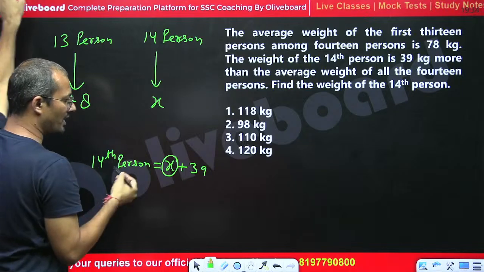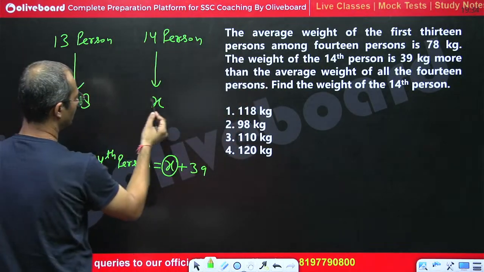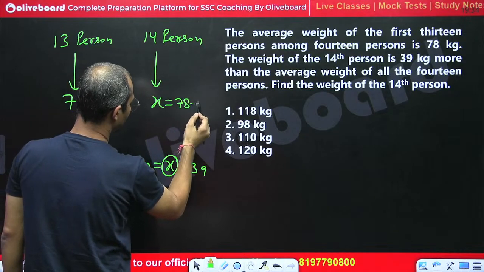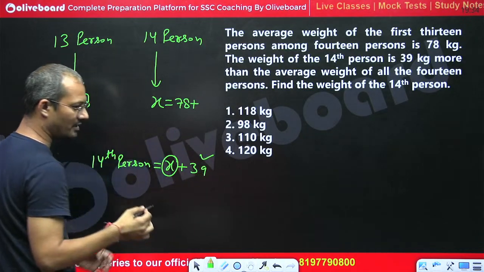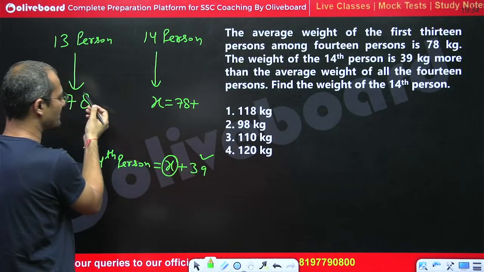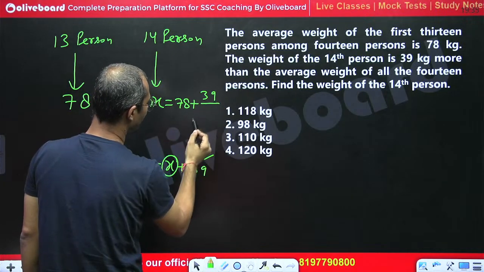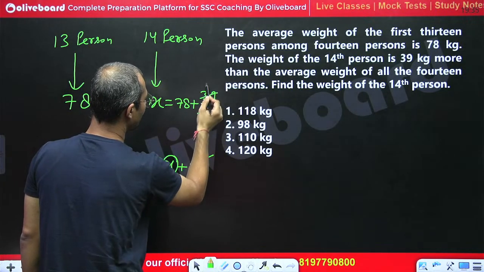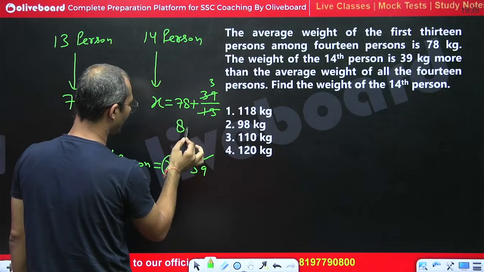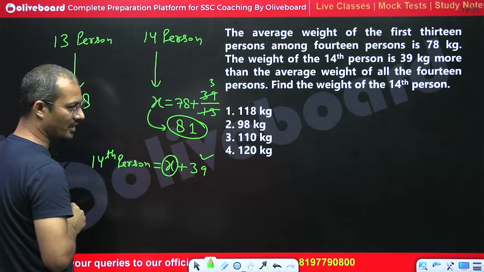So we have to calculate the value of x. x would be equal to 78 plus extra 39 will be given to the 13, right? Extra 39 will be transferred to the 13. So each will get 39 divided by 13, each will get 3. So the new average, or we can say the average of 14, would become 81.